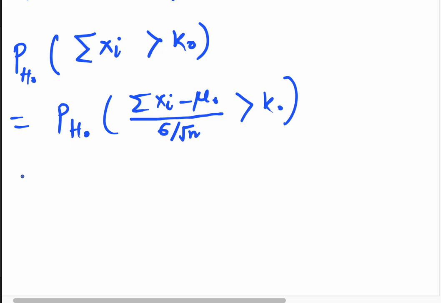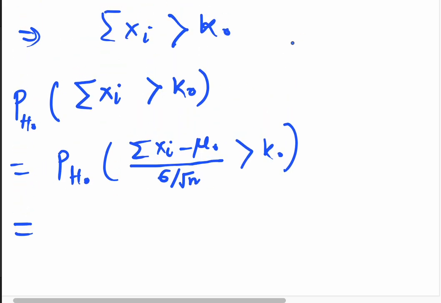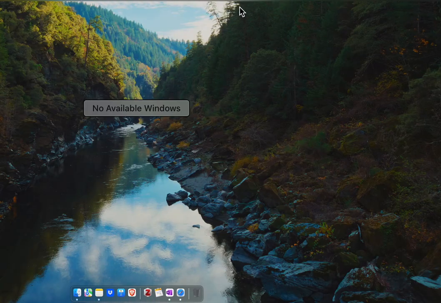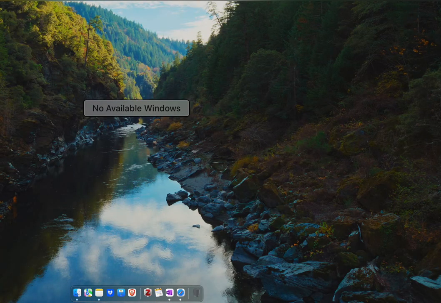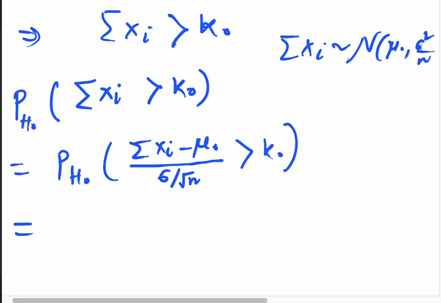This is a standard normal random variable, since summation of xi follows a normal distribution with mean n mu0 and variance n sigma square.